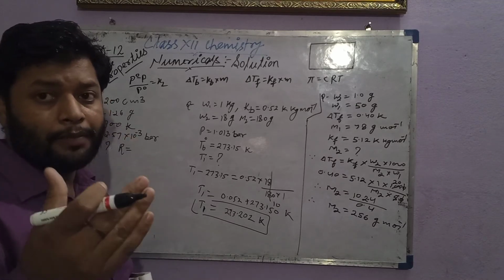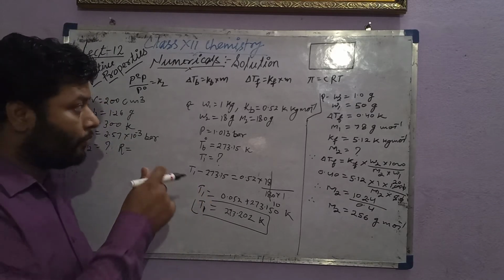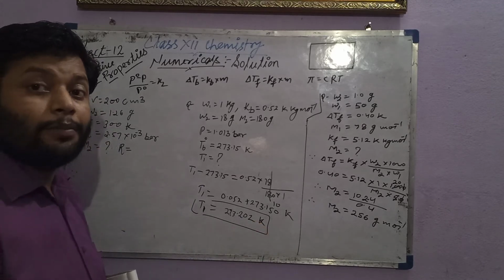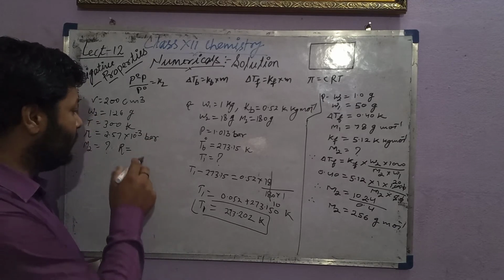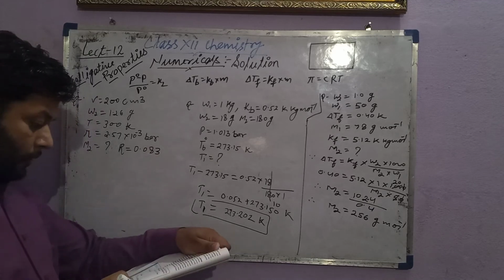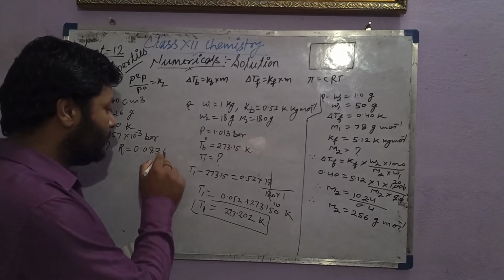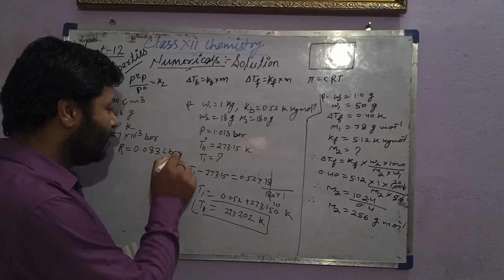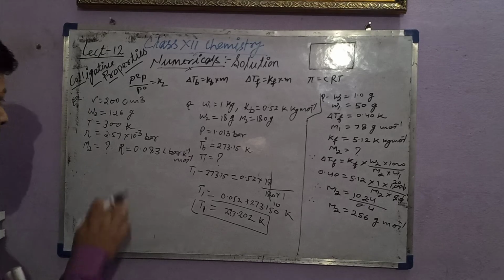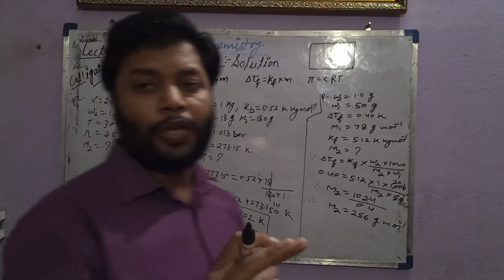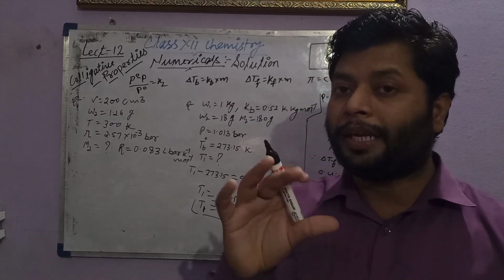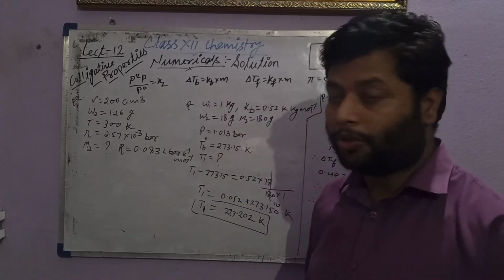In liter bar Kelvin inverse mole inverse, the unit of R is 0.083, exact value. You must use the appropriate value of R, the gas constant, because generally students do not use it during numerical solving.